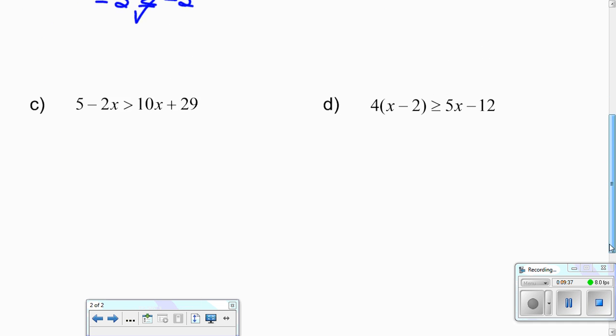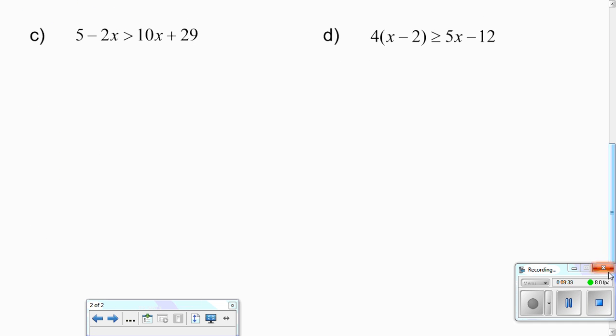All right, letter C. In letter C, we have x's on both sides of the inequality, and we have constants on both sides of the inequality. So we need to group our variables together to start with. I look to the side that is going to make the variable positive, and that's by moving everything to the right. I'm going to add 2x to both sides.